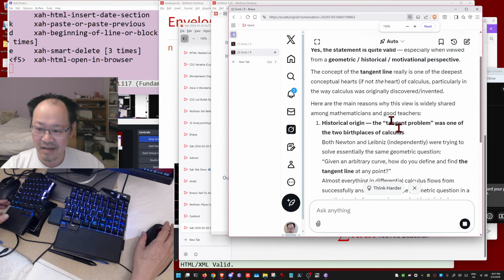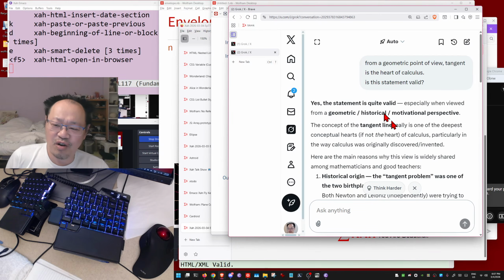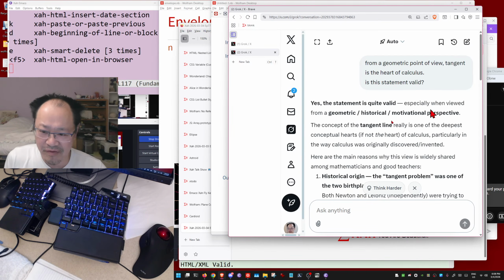Okay. Yes, the statement is quite valid, especially when viewed from a geometric, historical, motivational perspective. The concept of the tangent line really is one of the deepest conceptual hearts, if not the heart, of calculus, particularly in the way calculus was originally discovered, invented.